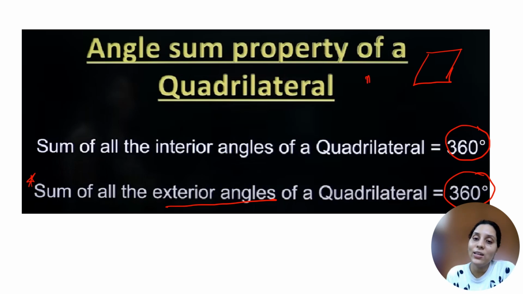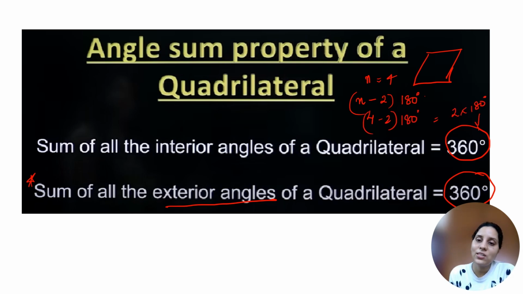Here n is equal to 4 because it is a four-sided figure. To find the sum of all interior angles, the formula is (n minus 2) into 180 degrees. So (4 minus 2) into 180, which is 2 into 180, equal to 360 degrees. This is how you find the sum of all interior angles of any polygon using this formula.